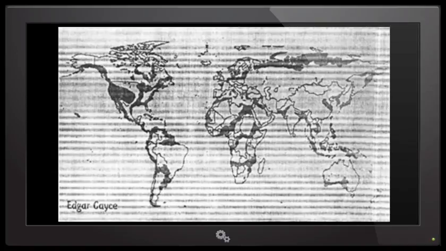Back in the late 1930s, Edgar Cayce had a dream about the Earth and this global flooding and a crustal pole shift. And after his dream, he woke up and he sat down and he drew a map of what his dream envisioned. Now, this is the actual original.